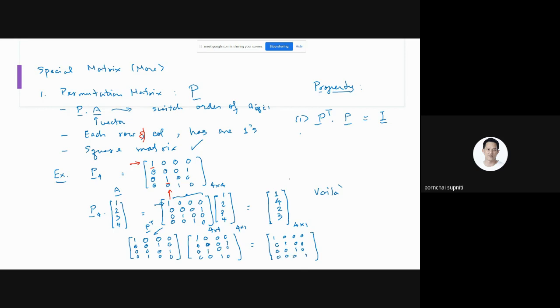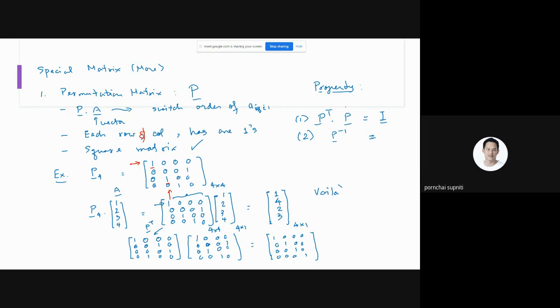So the second property, which is derived from the first property. What is P inverse? Can you guess? P transpose.